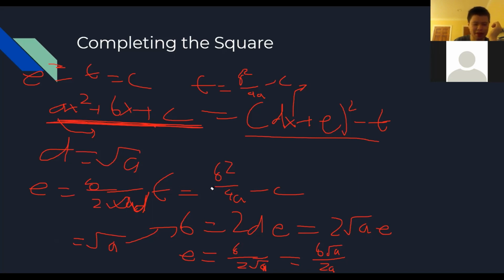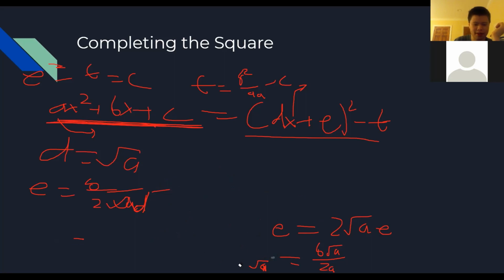As a more comprehensive way, you can just square root this and divide this by 2 over the square root of that.